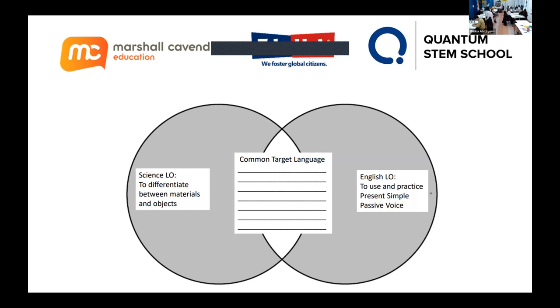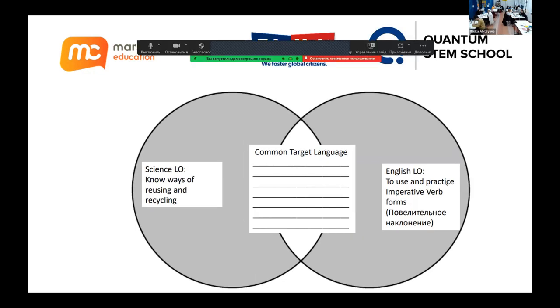So material and object. The table is made of wood. The chair is made of wood. The window is made of glass. Excellent. Smartphones made of fur. So first point is here, and the last, reducing and recycling.